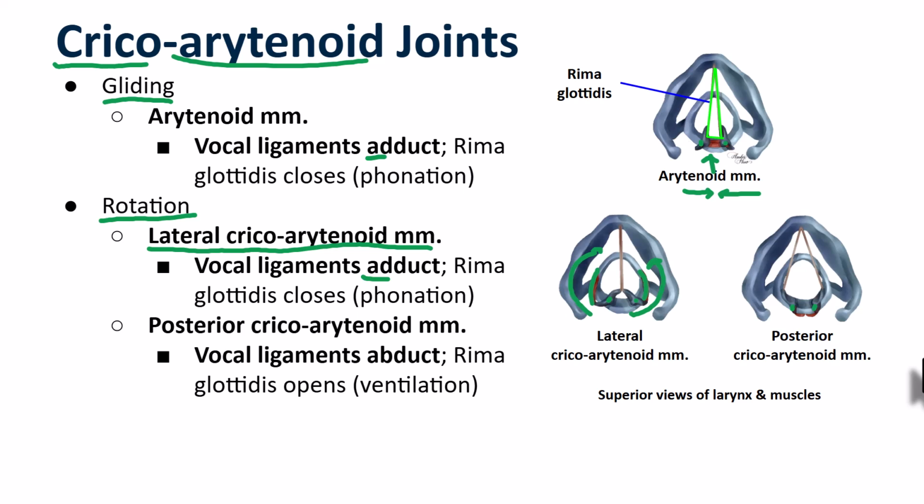The other type of rotation is accomplished by the posterior cricoarytenoid muscles. These attach from the posterior surface of the cricoid to the muscular process of the arytenoid cartilage.